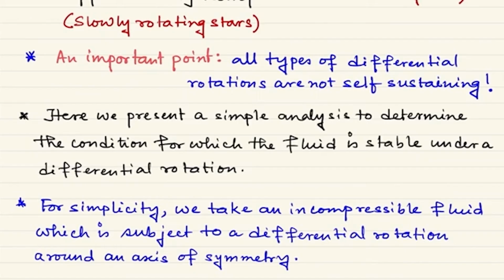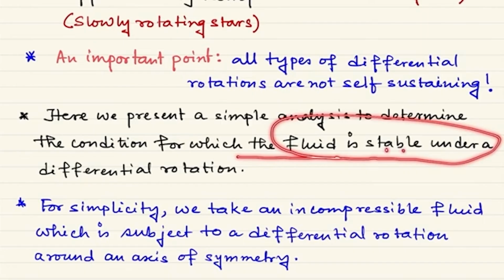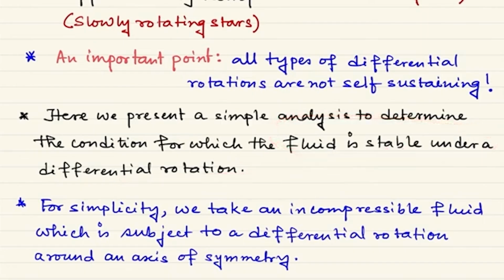That means, would the system try to bounce back to its initial state, or would it move further away? If it would try to get back its original state, then the fluid is called stable under a differential rotation. That means the system prefers to be in a state of differential rotation.